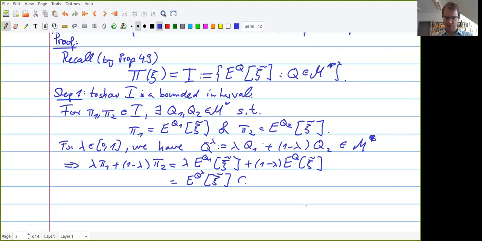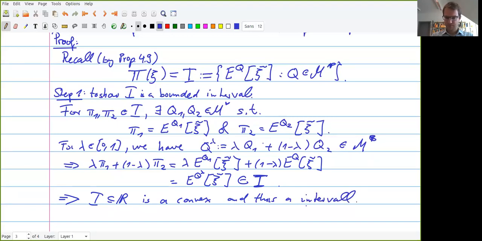And this means it is again, by construction, in the set I. In other words, the set I as a set on the real line is a convex set, and as such an interval.